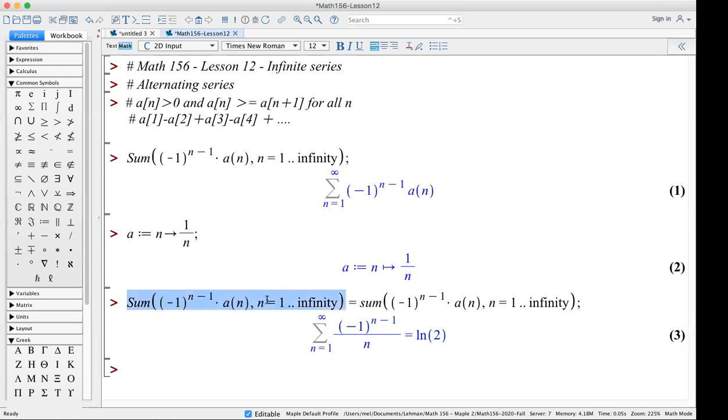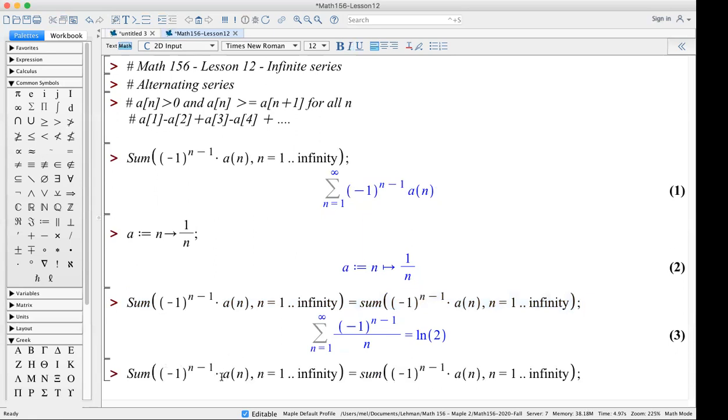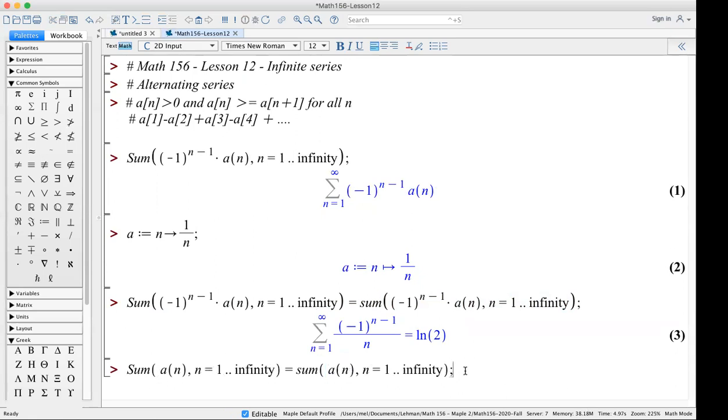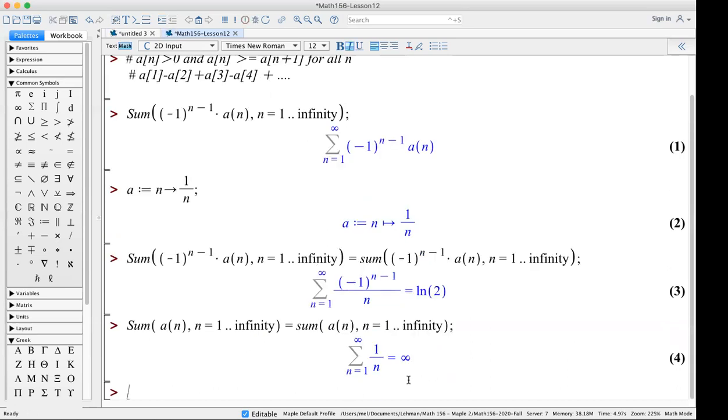What happens if it's not an alternating series? Suppose it were the series where we just sum the terms a_n. It diverges. The sum of this is the harmonic series, summation 1 over n, which diverges, but this alternating series converges.